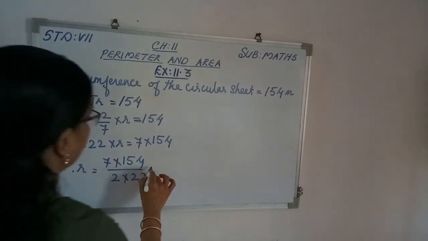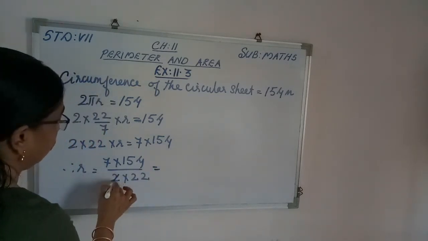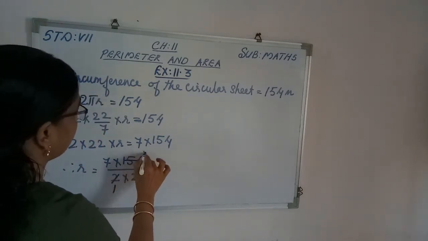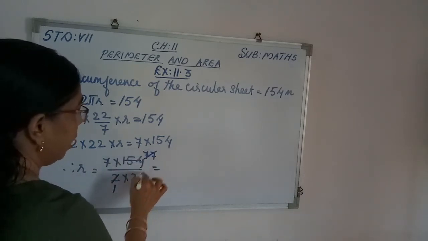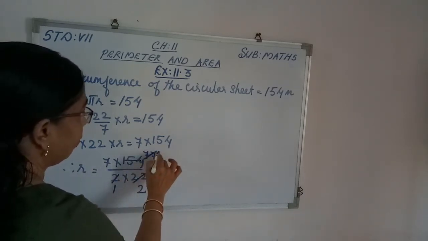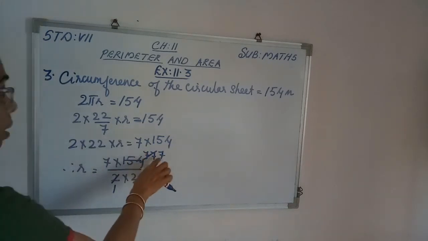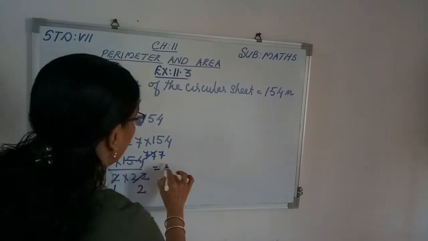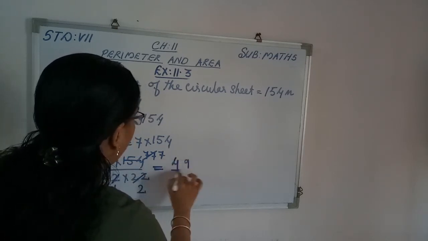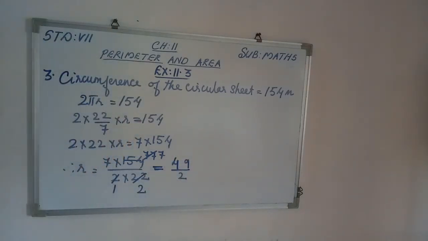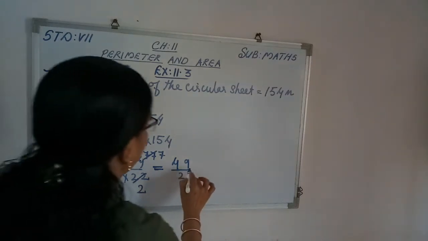Simplify that. 2 ones are 2, 77 and 22. 11 twos are 22, 11 sevens are 77. Now, multiply 7 sevens are 49 divided by 2. 49 divided by 2, that is the radius, that is meter.